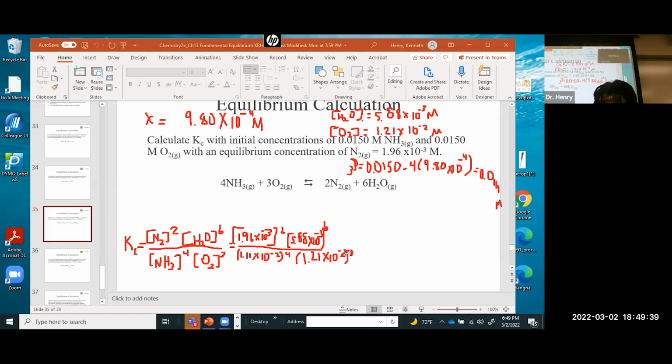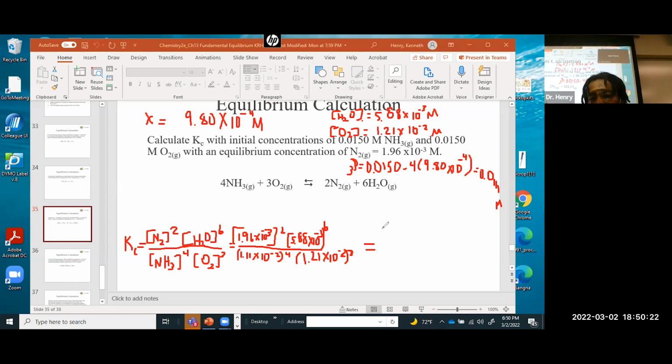Second power. Okay, so let's go ahead and do the math. I like doing it simple, so we're going to do each one independently, and then we'll get some answers that way. Okay, so we have 1.96 e to the negative third power, and it's being squared.